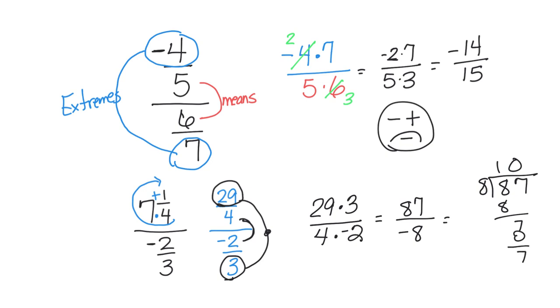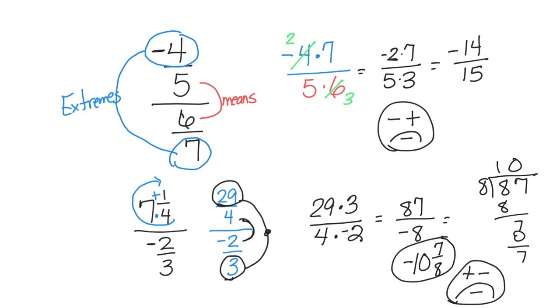So my mixed number is going to be 10 7/8, and it's going to be negative because 87 is positive, 8 is negative, and they're different signs. So when they're different signs, I have a positive and a negative, I'm unhappy, and my answer is negative. So that would result in my final answer.